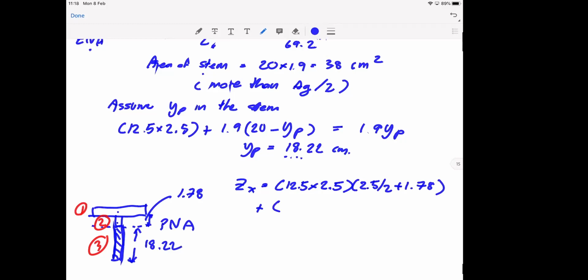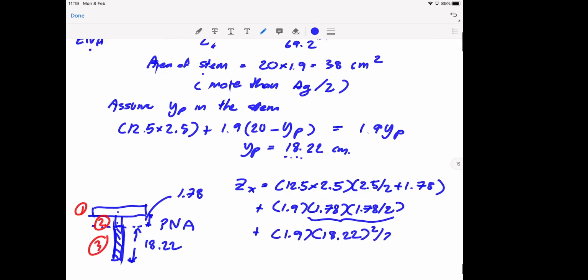Let me begin with the thickness first. It's 1.9 multiplied by 1.78 and then 1.78 over 2. You can see that this term gives you something like w L squared over 2, right? So the third piece is 1.9 times 18.22 squared over 2. That becomes your plastic section modulus.